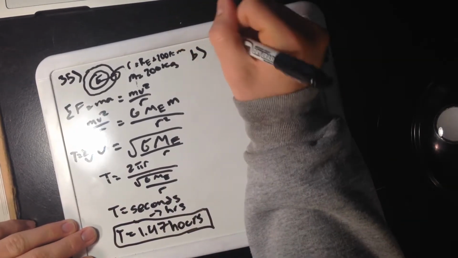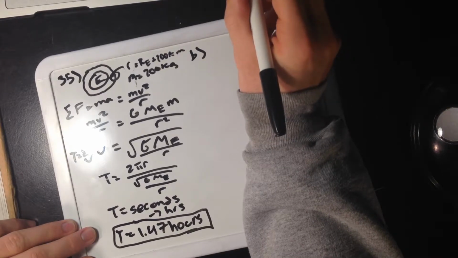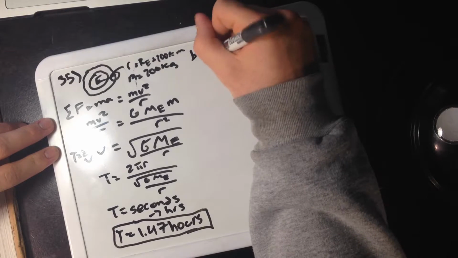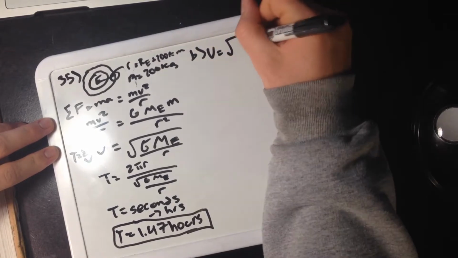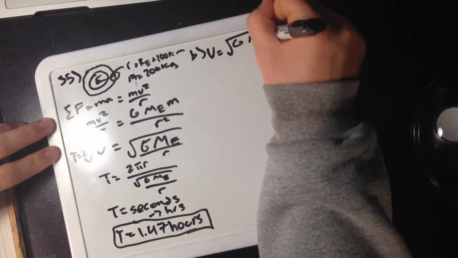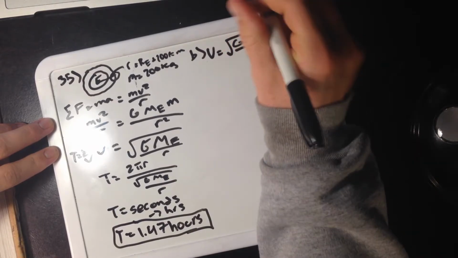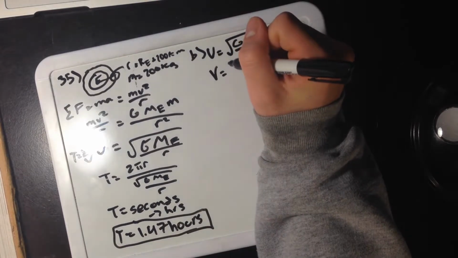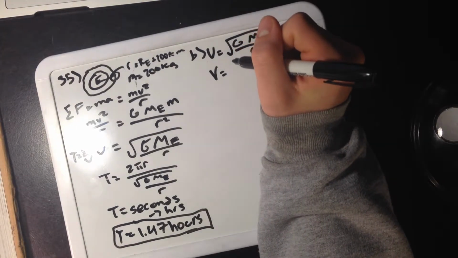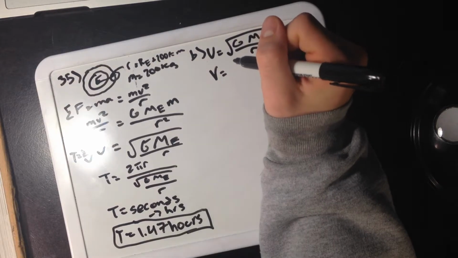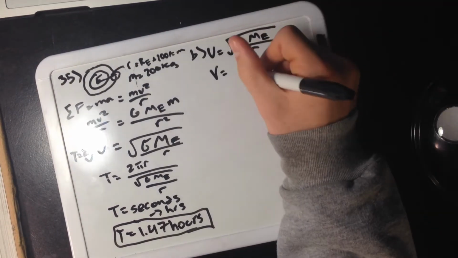For B, we also derived this in class, and actually I just derived it here. Velocity equals the square root of the gravity constant, mass of the Earth, over the radius that you are orbiting at, which we already saved.